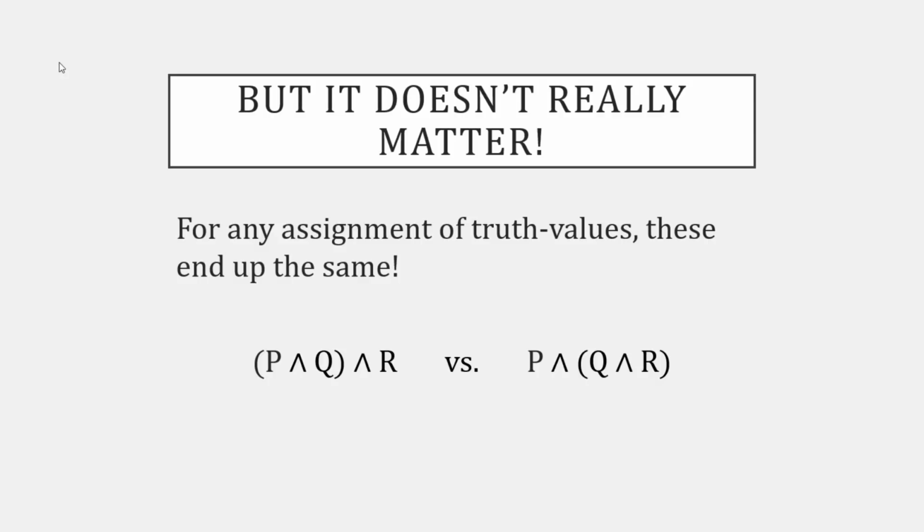And this is just a conjunction and another conjunction. So they all three have got to be true for this thing to be true, and false under all other truth values. And the same thing for this. They all got to be true or the whole thing's false. So actually, in this case, it kind of doesn't matter where you put the brackets. Nonetheless, we have a convention if you like knowing what the major connective is.